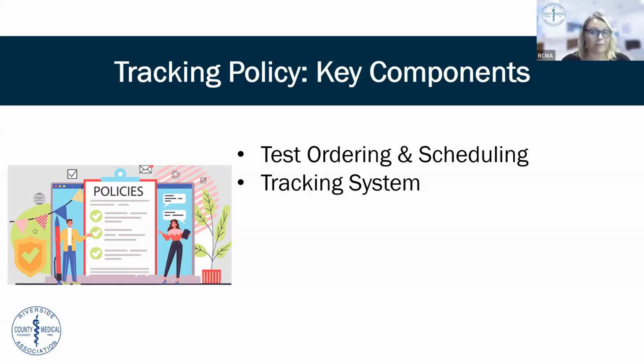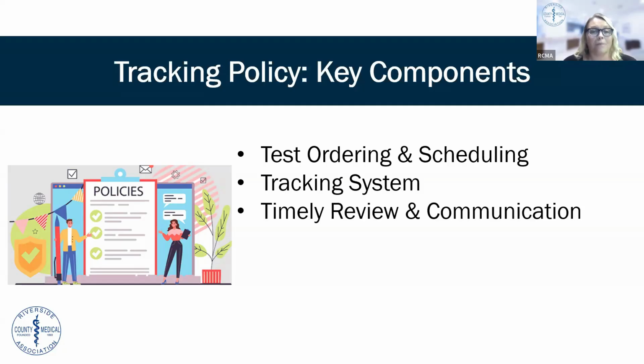Having a tracking system, we talked about that. Whatever method you're using, make sure that there's a tracking system with a reliable way to monitor. And then, of course, we'll talk about this a little bit, but reviewing it on a regular basis cannot be stressed enough. The tracking system, that is.